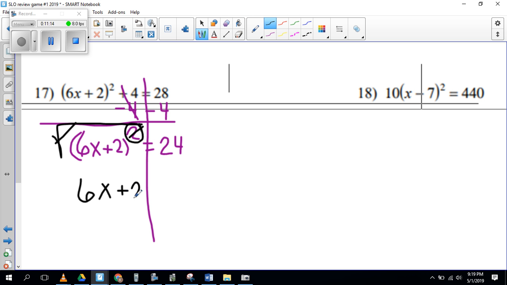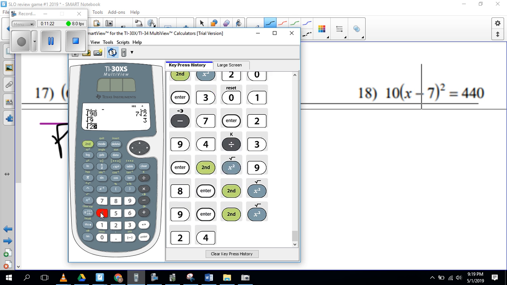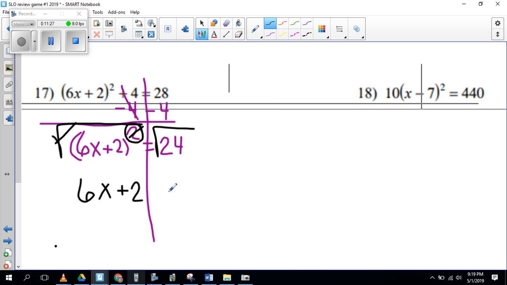And then remember, whatever we do to one side, we have to do to the other. So we got to take the square root of 24. Square root of 24, and we get 2 square root of 6. So remember, this is where I'm going to write that plus and minus. We get 2 square root of 6, and then we get minus 2 square root of 6.